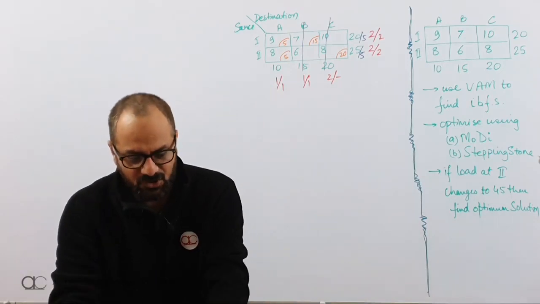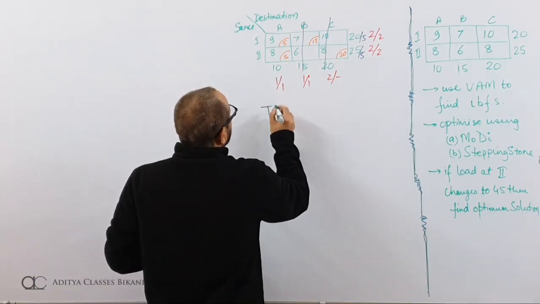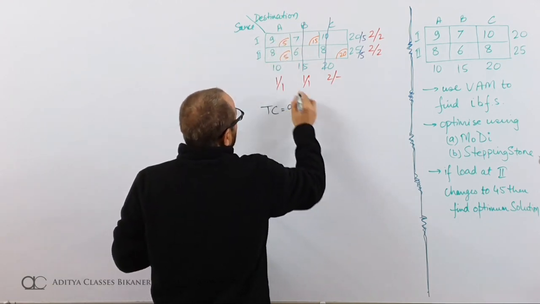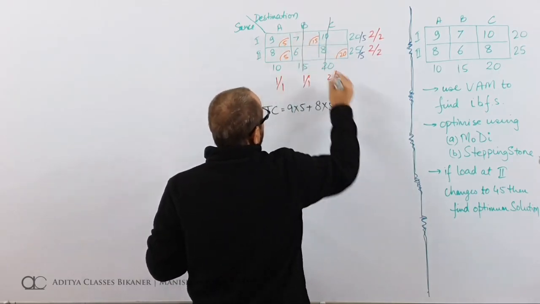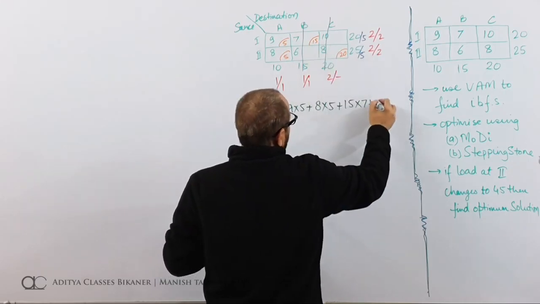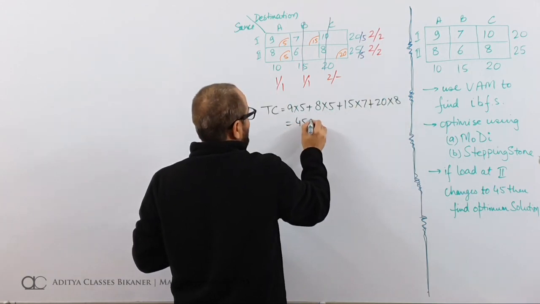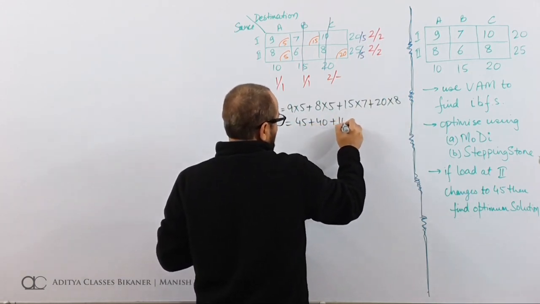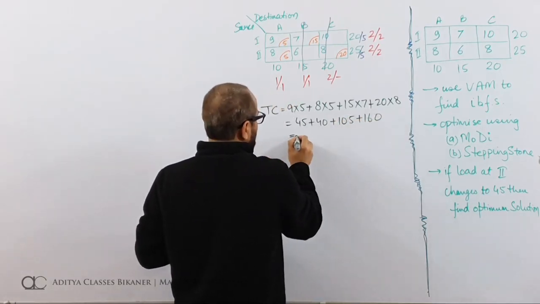What is the cost in this case? If you see, total cost would be 9 multiplied by 5 plus 8 multiplied by 5 plus 15 multiplied by 7 plus 20 multiplied by 8, making it 45 plus 40 plus 15 sevens are 105 plus 160.